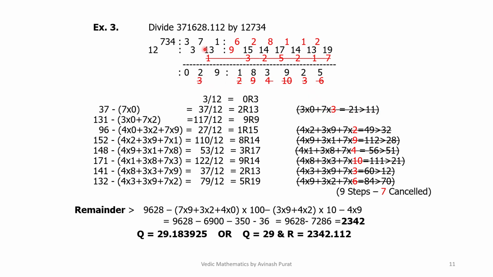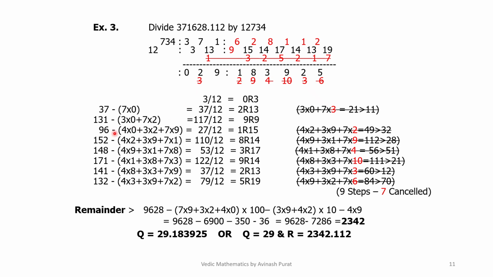So we consider the quotient of 2 only, and then the remainder is 13. 131 is the next dividend, minus 3 into 0 plus 7 into 2, that is 117 divided by 12 equal to 9, and the remainder is 9.